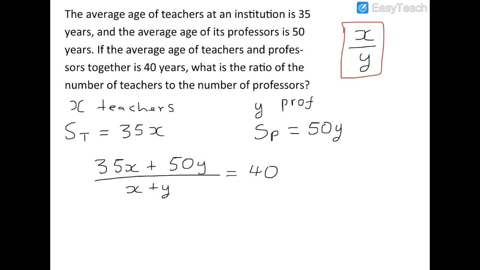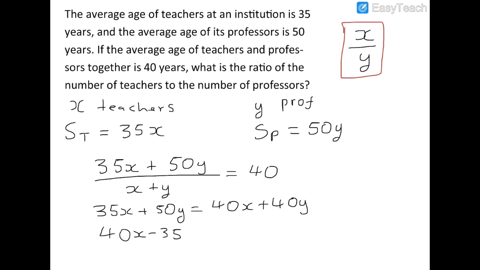So from here, I multiply both sides by x plus y, then I get 35x plus 50y equals 40x plus 40y. Okay, so group the x's together and the y's together, then I end up with 40x minus 35x equals 50y minus 40y.